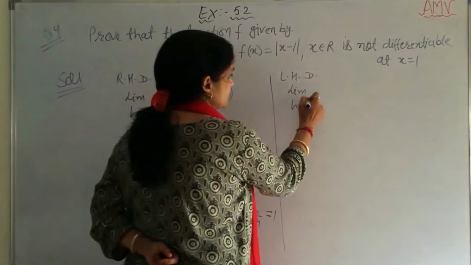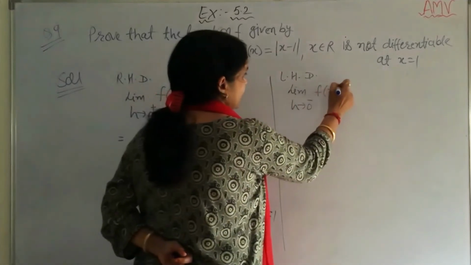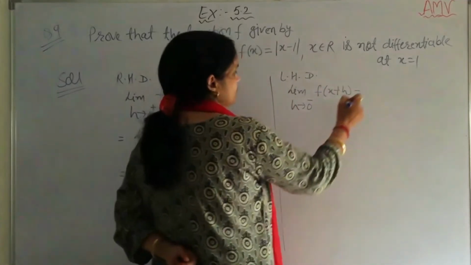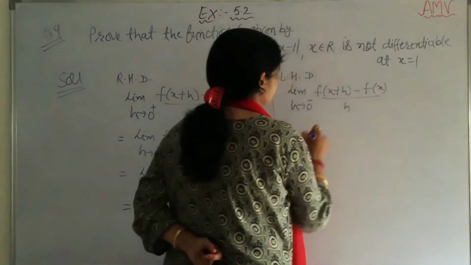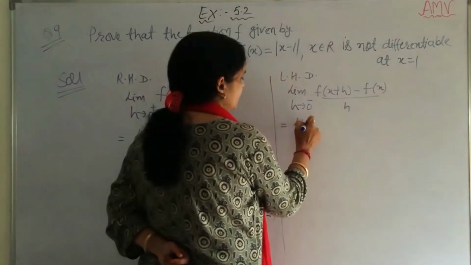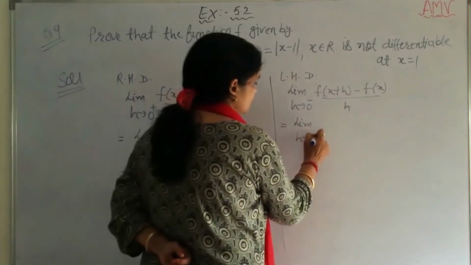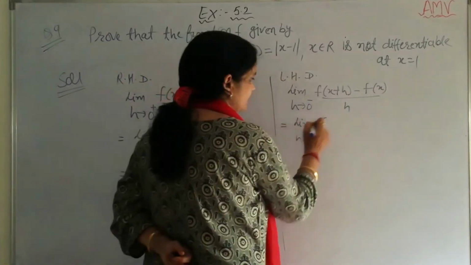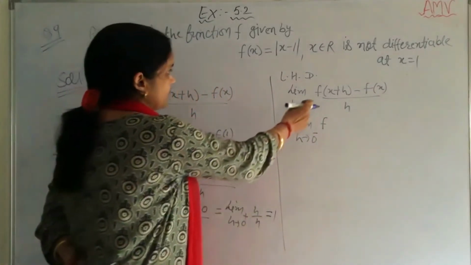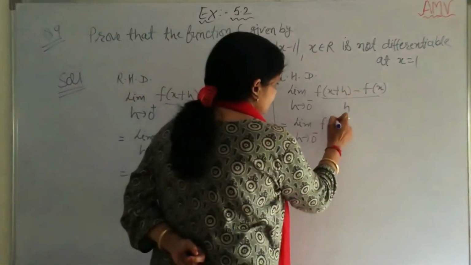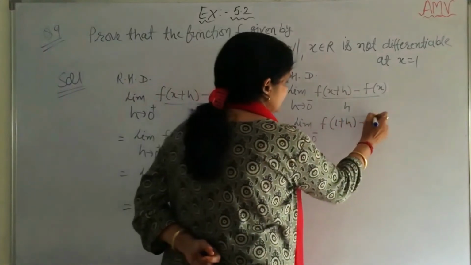It is limit h tends to 0 negative f(x plus h) minus f(x) and here it is h. Now limit h tends to 0 negative f(x plus h) means in place of x write 1. So it's 1 plus h.